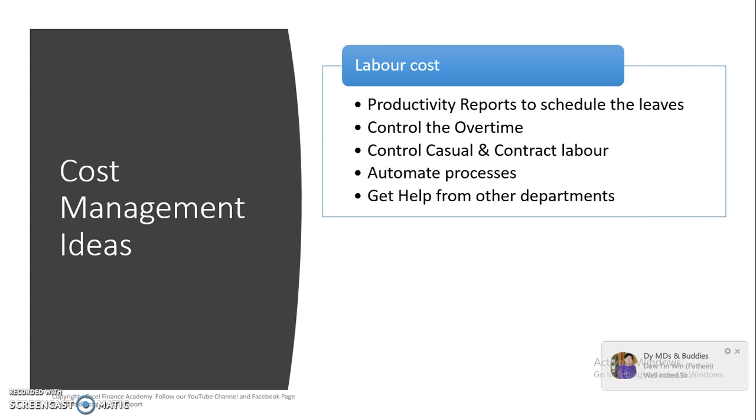Controlling the casual labor and contract labor follows the same principle of the guests in house. Once you understand the productivity of the hotel, then you can easily manage whether you need so many casuals. In the hospitality industry, it normally depends on the country regulations. There is a healthy mix of permanent, contract and casual labor to handle the seasonality and the spikes of the business, because the business does not remain the same all over the month.